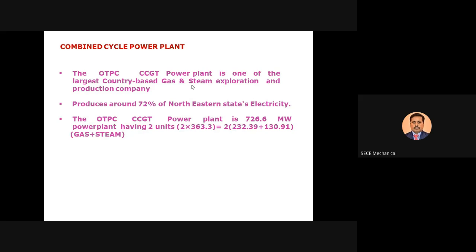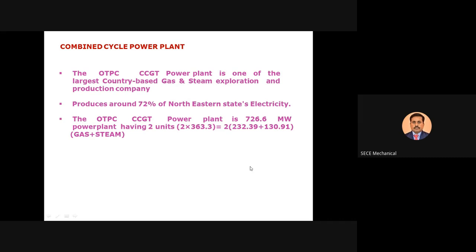In the US, the OTPC GCT power plant is one of the largest gas turbine and steam turbine power plants in the country. It produces 72%. Maximum in a combined cycle power plant, I already told you 68%, but some power plants are producing 72%. In that, the power plant has two units, because combined cycle means two cycles: one is the gas turbine, another one is steam.